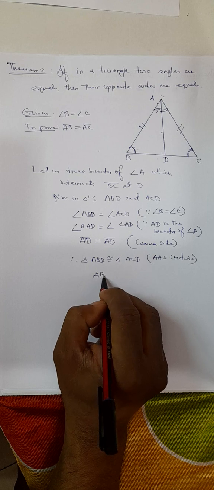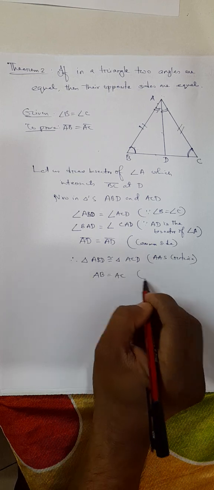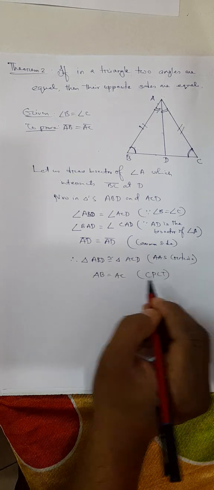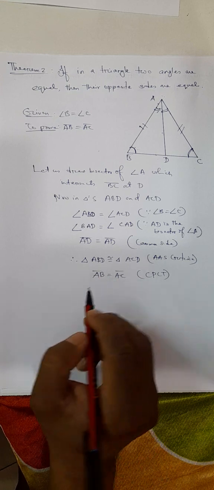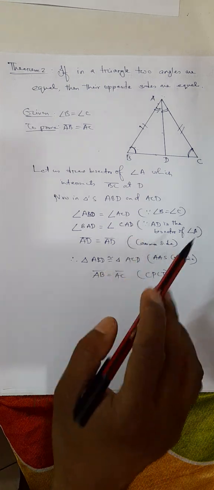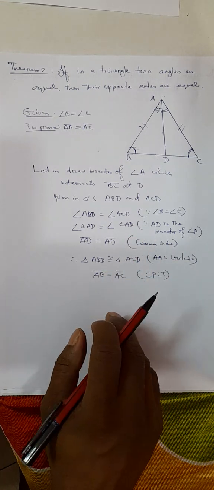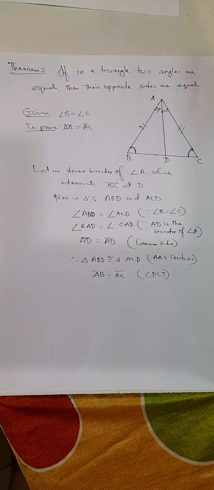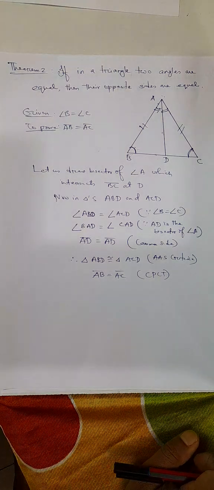Therefore, AB equal to AC, CPCT. That means triangle ABC is an isosceles triangle. So we conclude here that if we find that in a triangle two angles are equal, then their opposite sides are equal. That means that would be an isosceles triangle.